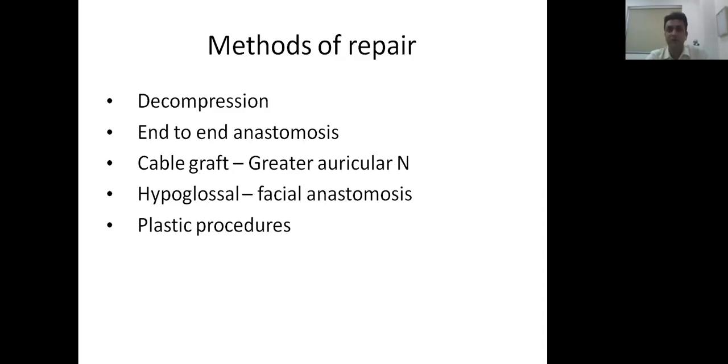While repairing the facial nerve, if there is a complete transection of the nerve and the two ends of the nerve are very near, less than 4 millimeter distance, we may do an end-to-end anastomosis. If the distance is more, we may have to do a cable grafting. And in very tricky, very special situations, we may have to do a hypoglossal facial anastomosis, or we may have to do some plastic procedures.